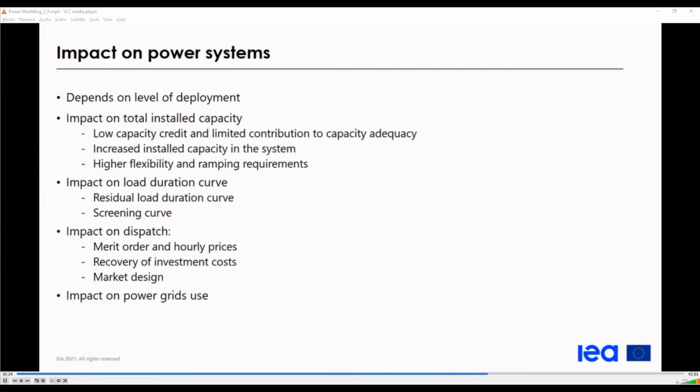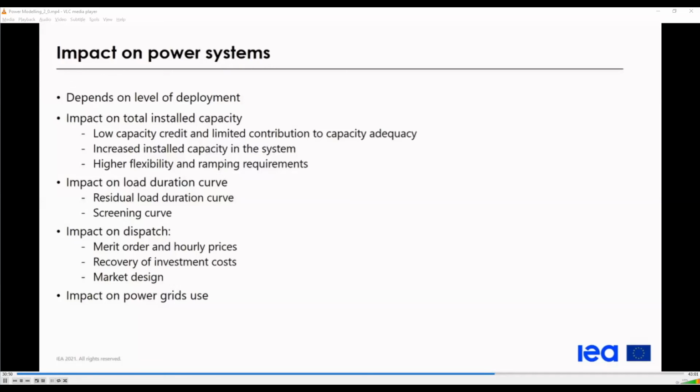The impact of variable renewable energy sources would also depend on the level of deployment. At low levels of penetration in the mix, the effects are really negligible. Power systems were built already to be resilient, to be able to accommodate the variability of demand.